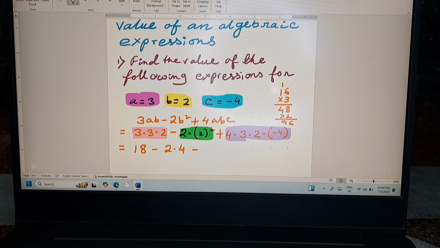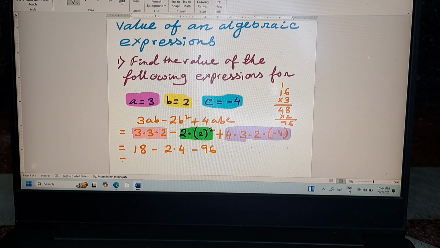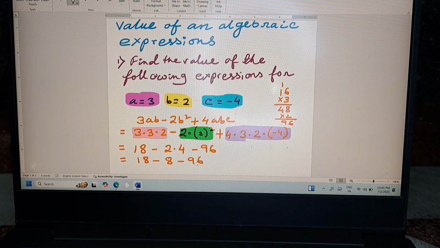So it will be minus 96. One more step we have to do: 18 minus 2 into 4 is 8, minus 96.